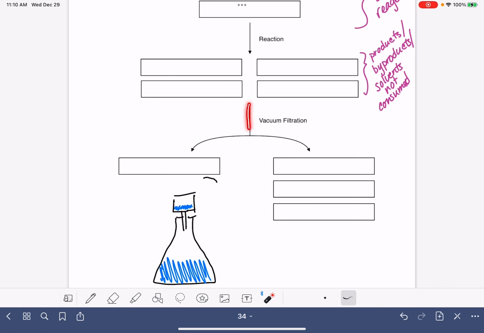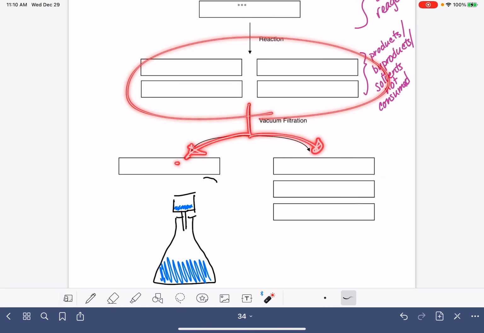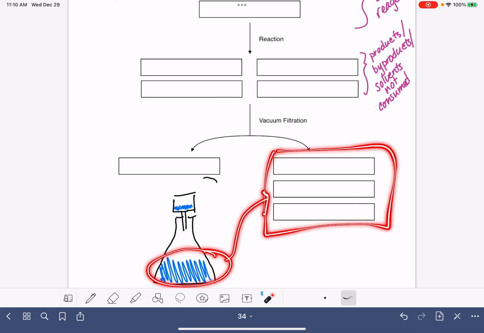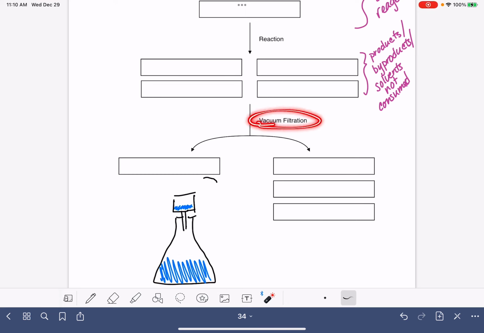This vacuum filtration is trying to show that you're separating this mixture of things into two spots. So this little guy is going to end up all by itself, and all of these things that made it through the filter funnel are going to end up over here. When you're doing vacuum filtration or really any type of separation technique, everything that is present prior to the vacuum filtration also needs to show up after the vacuum filtration.